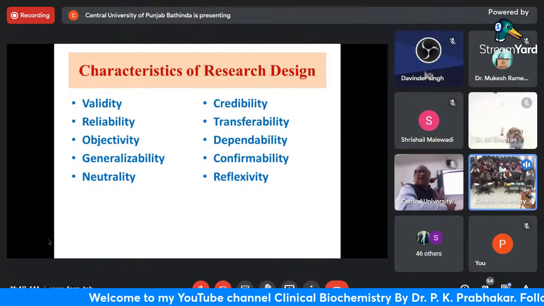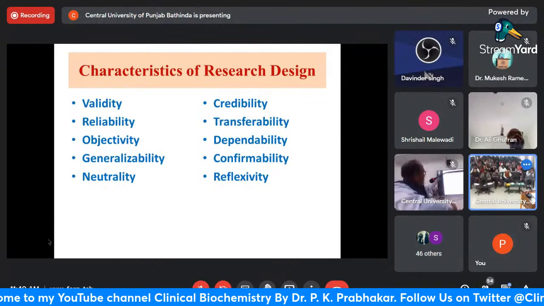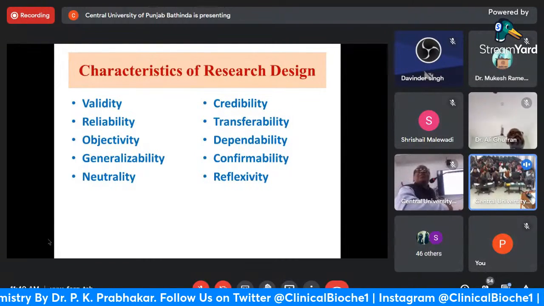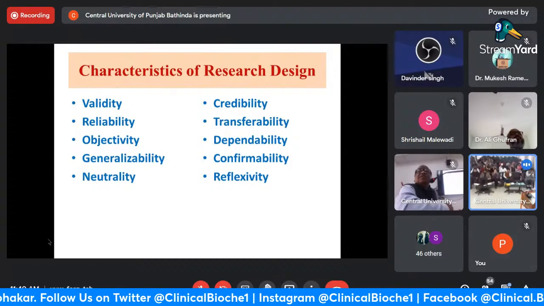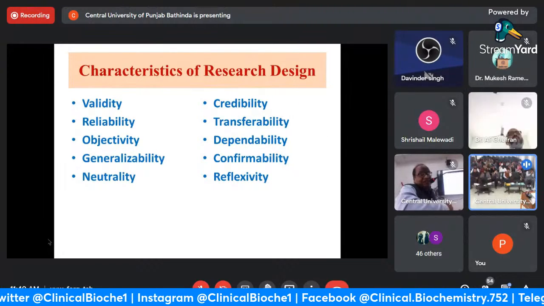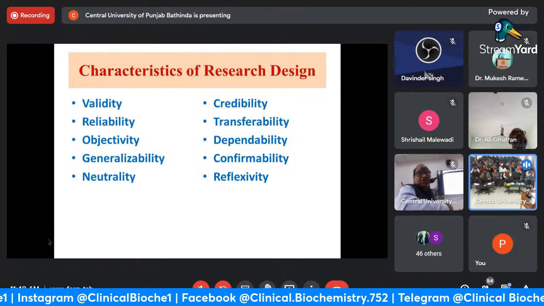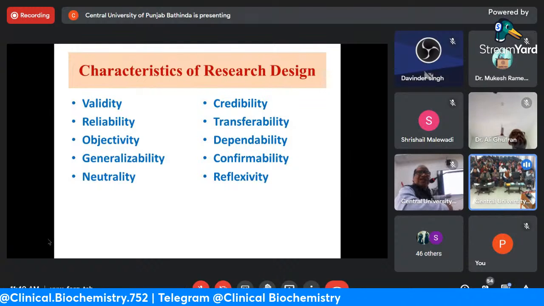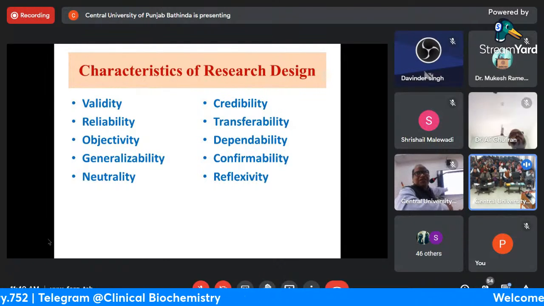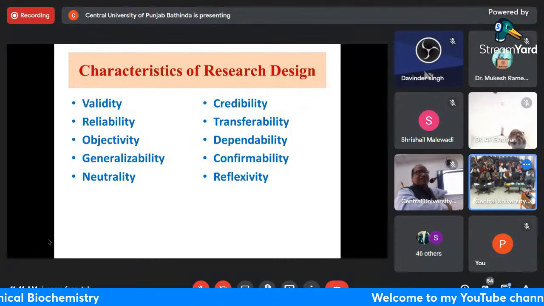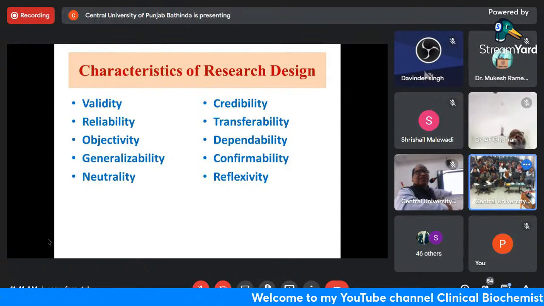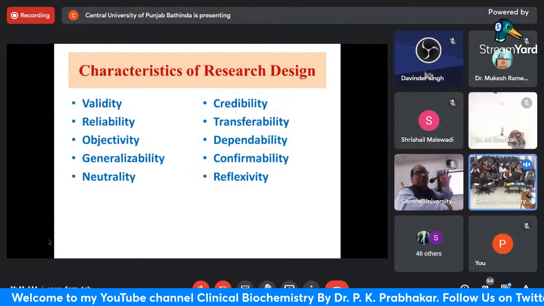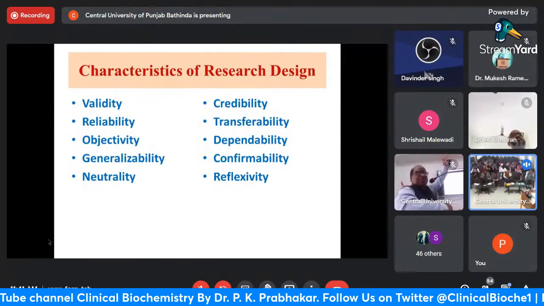Whenever you are designing any design, your focus should be upon the validity, reliability, objectivity, and generalizability aspects of your research. To what extent is that design going to yield a valid result? Whether you can trust your result or not. The validity of the findings, reliability of the findings, generalizability, the external validity of the findings: to what extent you can generalize your findings to the larger population.